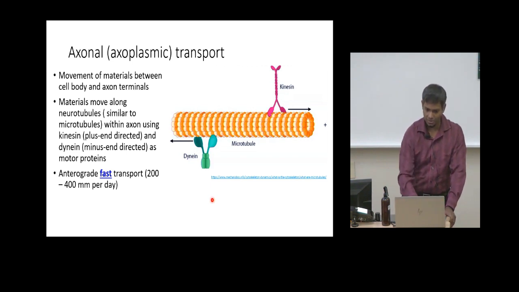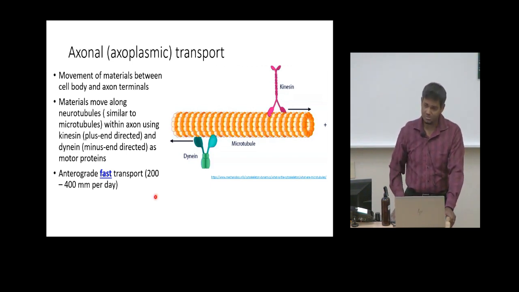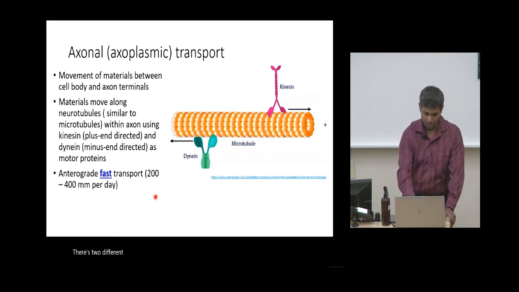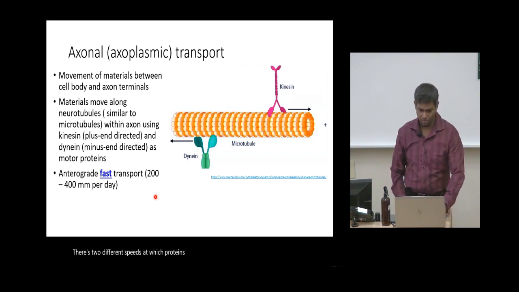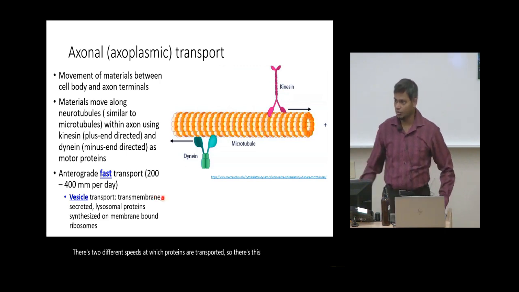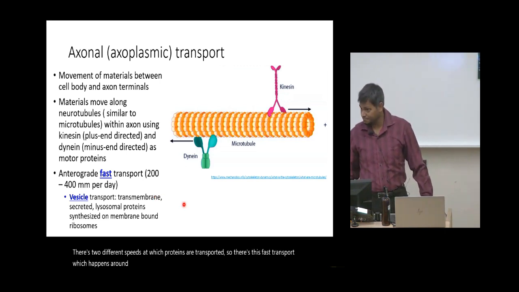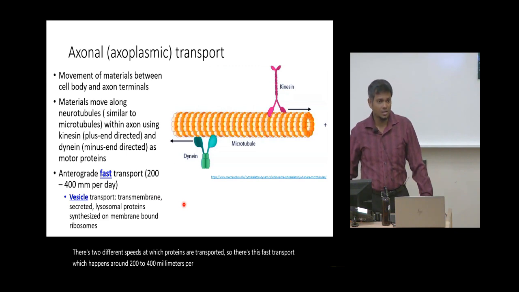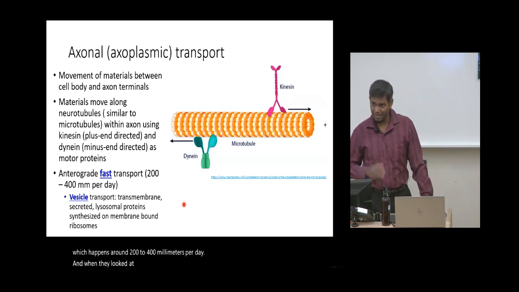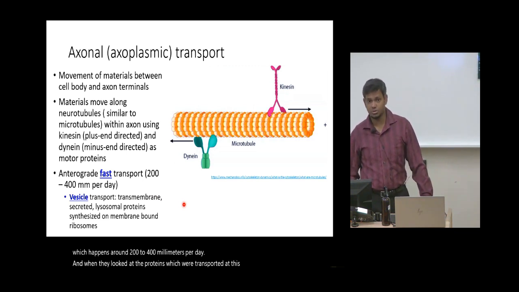But in general, we'll talk about anterograde transport, and there seem to be two different speeds at which proteins are transported. So there's this fast transport which happens around 200 to 400 millimeters per day, and when they looked at the proteins which were transported at this fast rate, they were those which were produced in the rough endoplasmic reticulum.